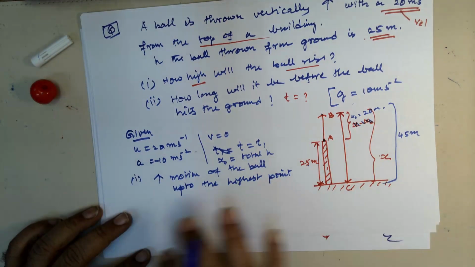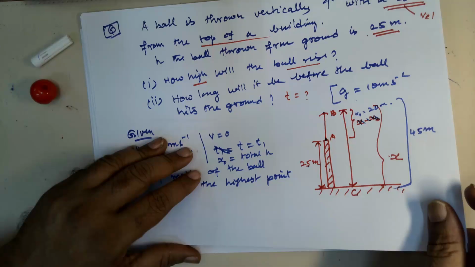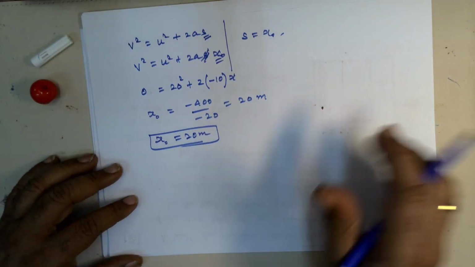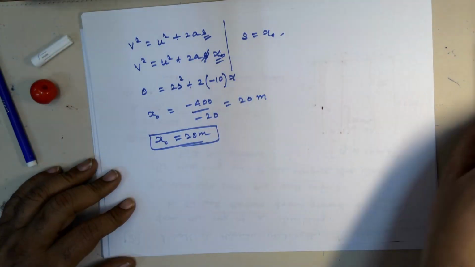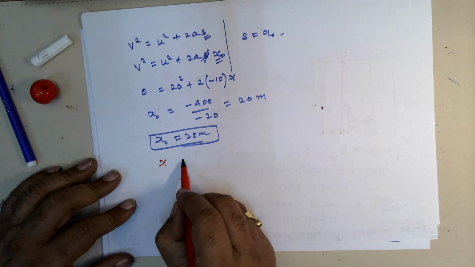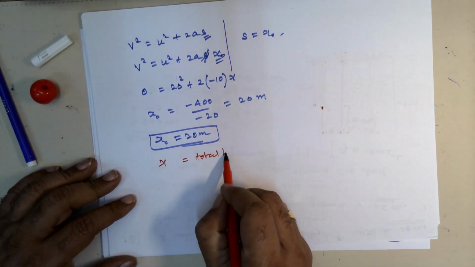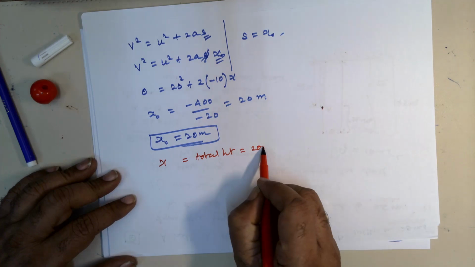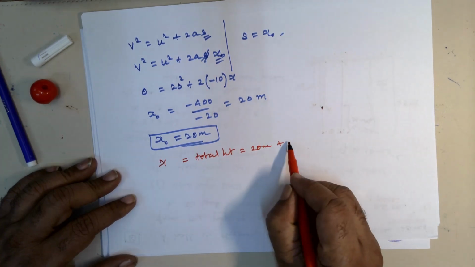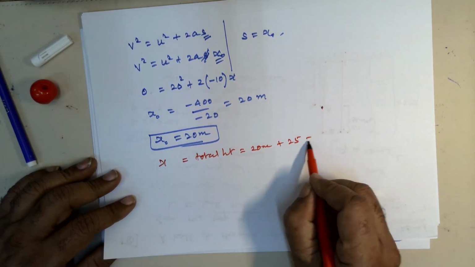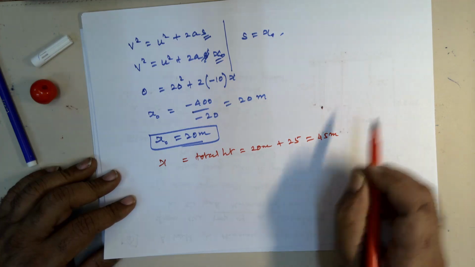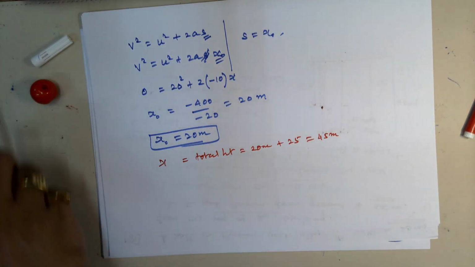Right? Got it? So it is 20 plus 25. The total, that is x is equal to, in this case, the total height, that is 20 meter plus already 25 meter. It means 45 meter. Got it? Right. Next.